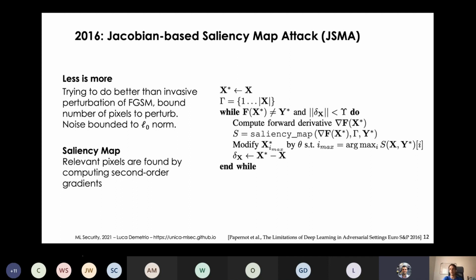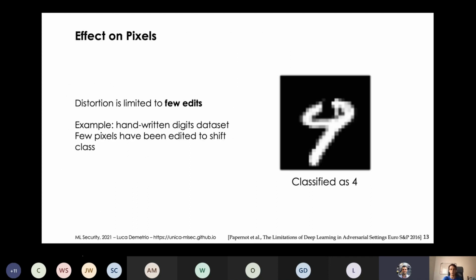And of course, it's a very, very sparse solution. As you can see here, this is a 9 from MNIST that is classified as 4. But this is clearly a 9, where a bunch of pixels here have been removed. So it's a very, very sparse attack.